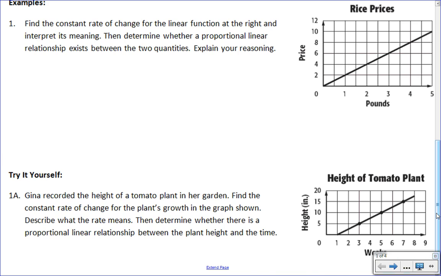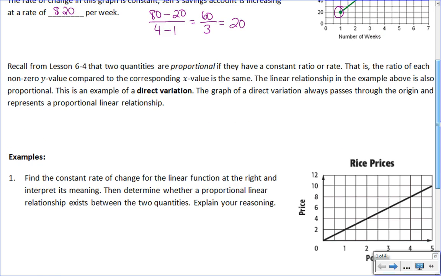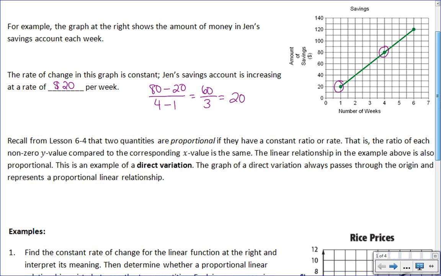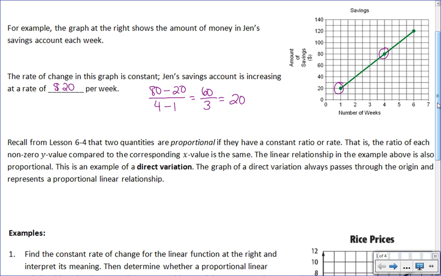So what that's saying, if you remember in lesson 6.4, one of the things that we did, and we didn't do this from a graph, but we did do this from a table, one of the things we did to see if something was proportional or non-proportional was to check the ratios of each of the data values.